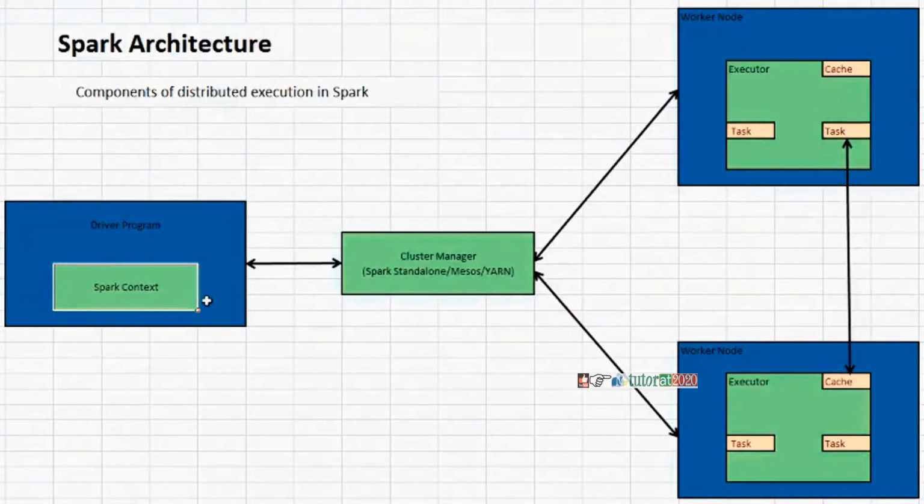Once the Spark context receives access to those machines, it would spawn processes called executors on those nodes allocated by the cluster manager. Within these executors, the Spark context would then execute this application within these executor processes that are spawned by the Spark context.